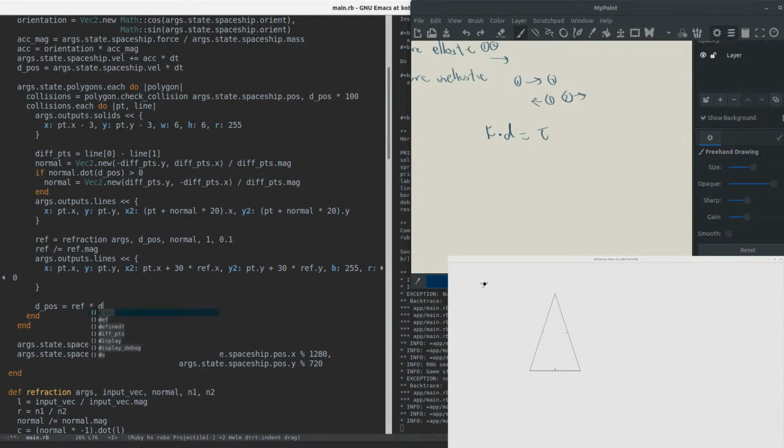So we can look at dposition.magnitude, and that now gives us our new angle. So now presumably when we... Wow, this is not very exciting. I'm not sure why it's not refracting more. I presume there's something wrong with my refraction code.